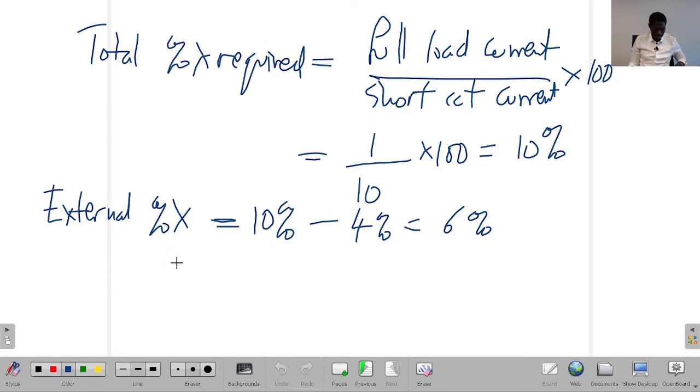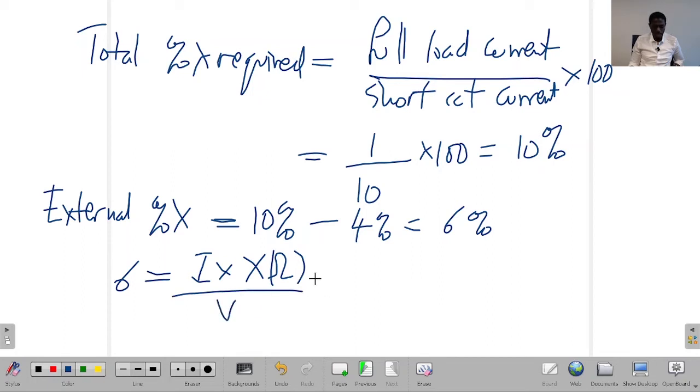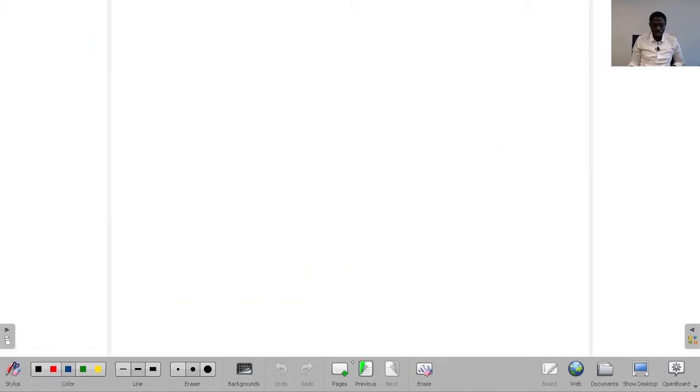What we are saying is that the external reactance, which we've obtained as 6, is equal to I multiplied by X in ohms over the voltage multiplied by 100. When we make the reactance in ohms the subject of the formula, we have X in ohms equal to 6 multiplied by the voltage over the current multiplied by 100.